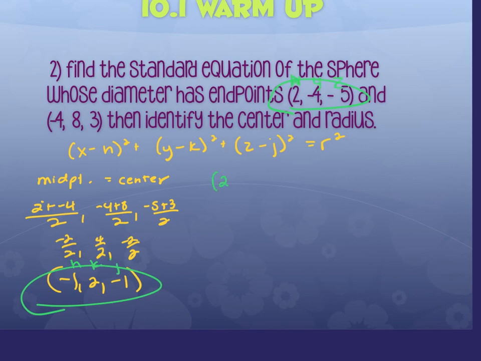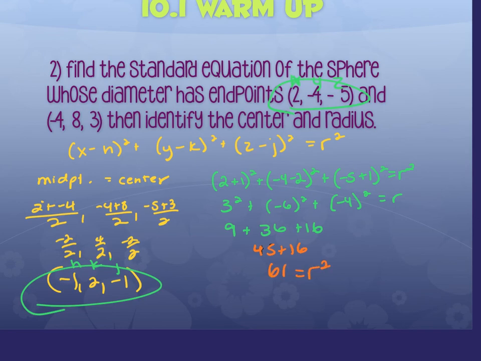So I would do (2 minus -1) becomes +1 squared, plus (-4 minus 2) squared, plus (-5 minus -1) squared equals r squared. 3 squared plus -6 squared plus -4 squared. 9, 36, 16. So that's 45 plus 16, or 61.